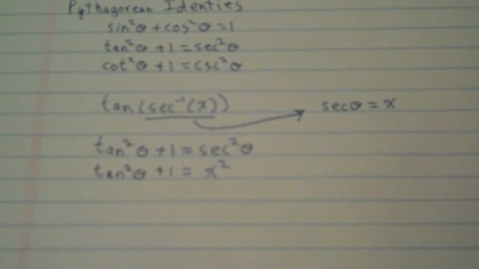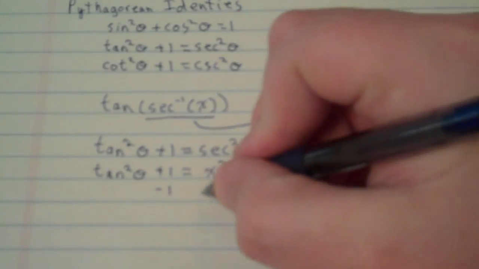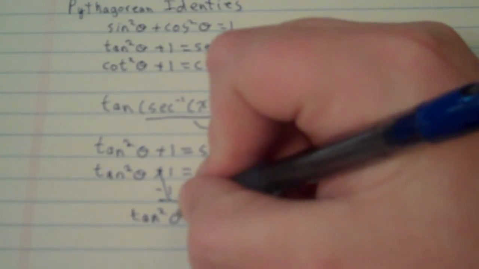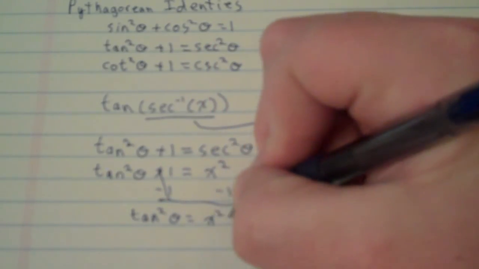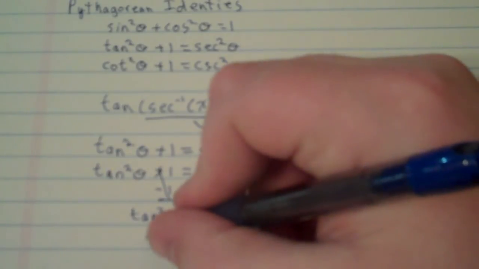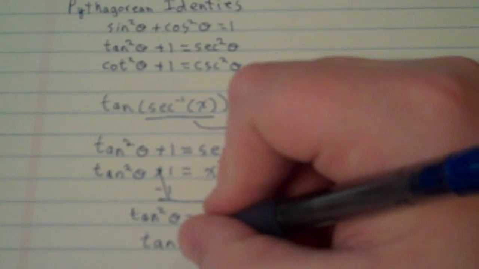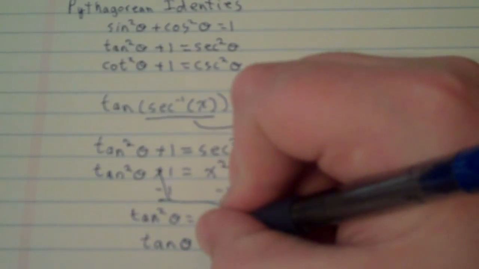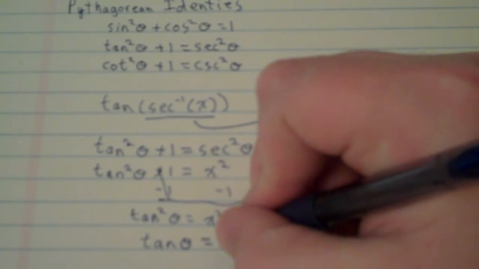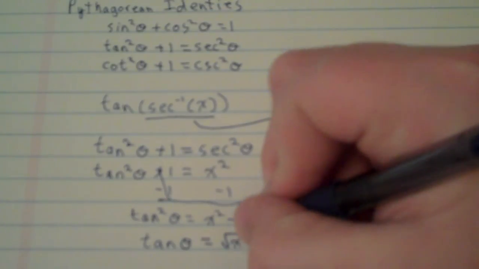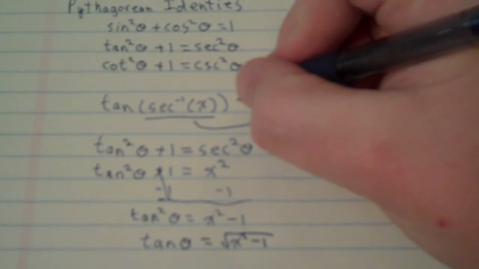Okay. From here we would subtract 1 from each side, and basically we're just solving for tangent. Tangent squared theta equals x squared minus 1. Take the square root of both sides. So the tangent of theta equals the square root of x squared minus 1.